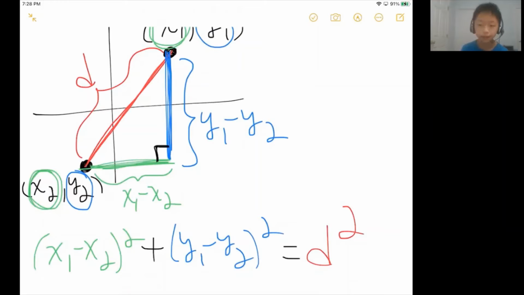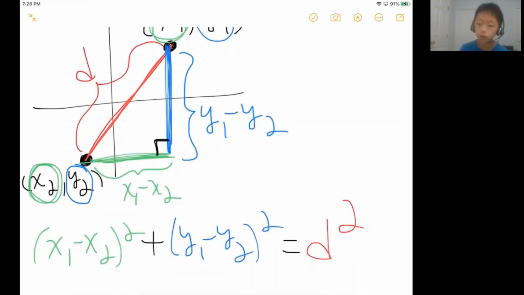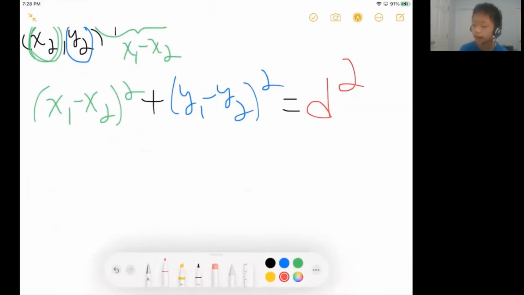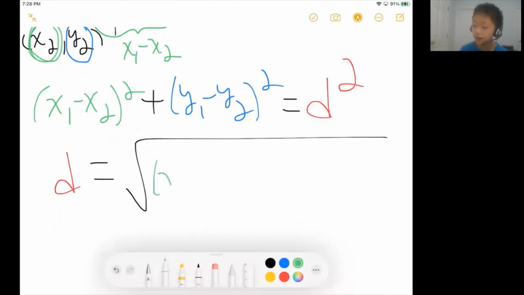And if we wanted to solve for the red length, we can just take the square root of both sides, and we get that d is going to equal the square root of x1 minus x2 squared plus y1 minus y2 squared.